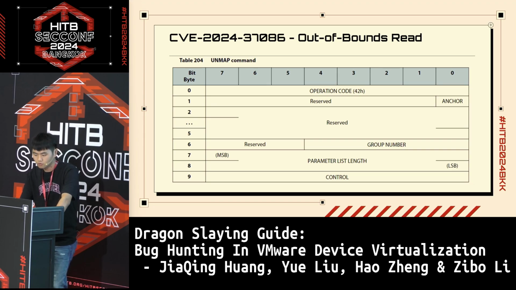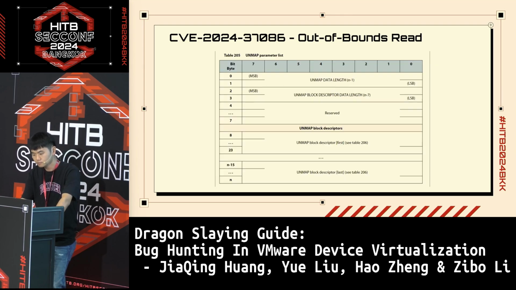Let's first look at the structure definition of the unmap command. The focus of the figure is parameter length, which indicates the total length of the unmap parameter data. The unmap parameter list is divided into 2 parts: unmap parameter list header and unmap block descriptor data.